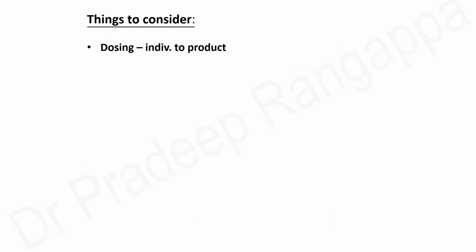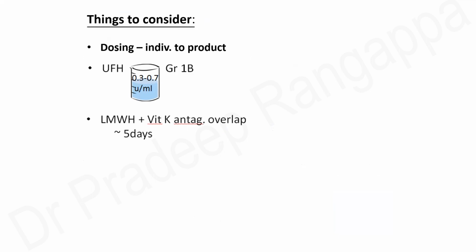So the things to consider when you are treating with anticoagulation for PE is that the dosing has to be individualized to the anticoagulation one is using. If unfractionated heparin is being used, it has to be maintained to a target of 2.5 to 4 times the baseline, 0.3 to 0.7 units per ml.